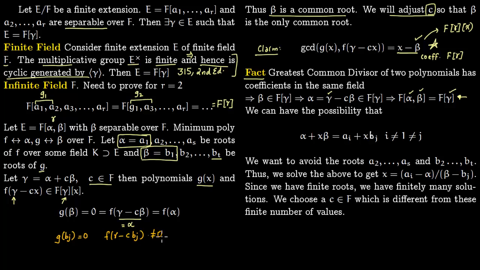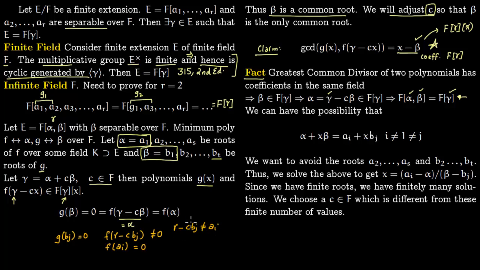So this cannot be equal to 0 only when this is not equal to some f of a i, because the roots of f are these a i's where i goes from 1 to s. We do not want them to be any of these roots. So we do not want gamma minus c b j to be equal to a i. Prevent this at all costs. Gamma minus c b j should not be equal to a i.